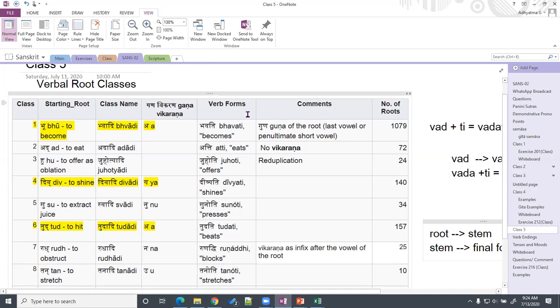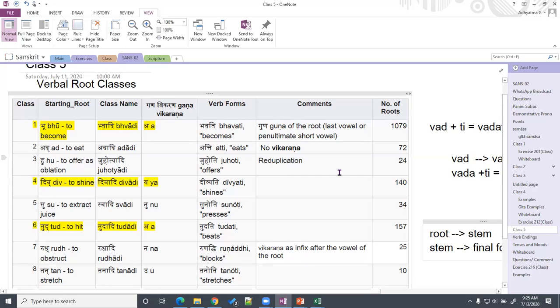And this is very important, because that helps you to understand how the root gives rise to the stem, and once you understand that, then how the stem gives rise to the final form, that's another step to understand. So for taking care of the first step, you divide all the roots in the 10 classes. We have those 4 lakaras, we call sarvadhatuka lakaras, because they go through this 2-step process to generate the final form. And in order to complete the first step, we divide all the roots in the 10 classes.